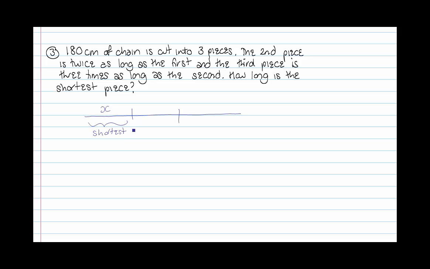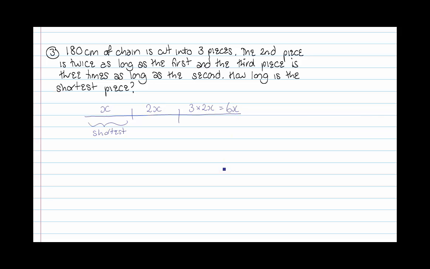I move along and it says the second piece is twice as long as the first. Well, my first piece is x, so my second piece must be 2 times x, or 2x. Then it says my third piece is 3 times as long as my second. Well, my second is 2x, so 3 times that is 3 times 2x, which is 6x.